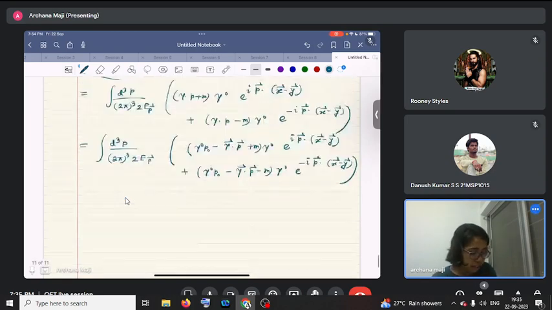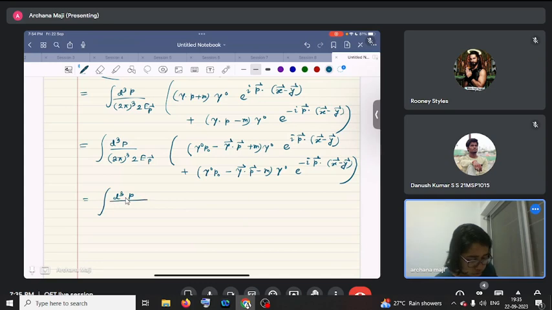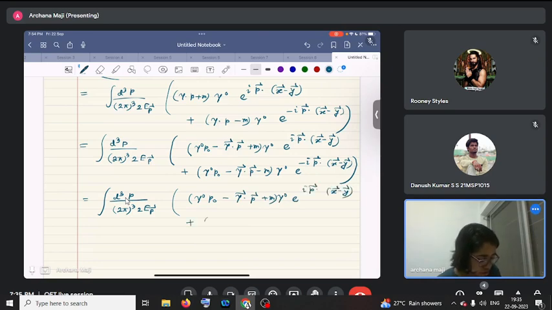So in the last term we can replace P by minus P, because that's the integration variable. We can do that, and that will give us, first term remains as it is. In the second term I am replacing P vector by minus P vector.